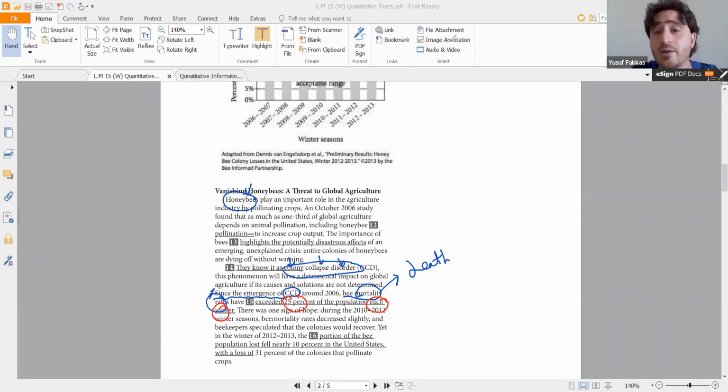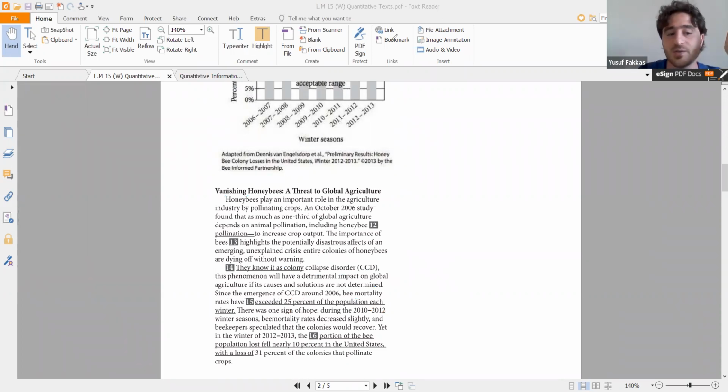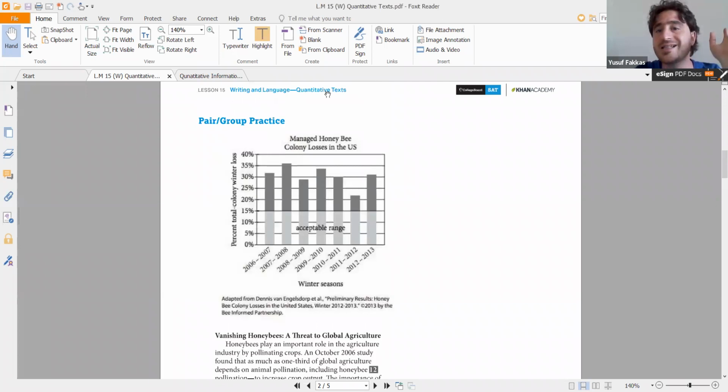What are we talking about now? We're talking about the bee mortality rates. Just bear with us a little bit because this is an important question. So I go to the graph now and I follow the same steps. First of all, you have the title, Managed Honeybee Colony Losses.